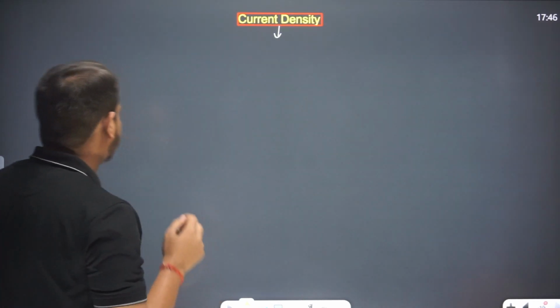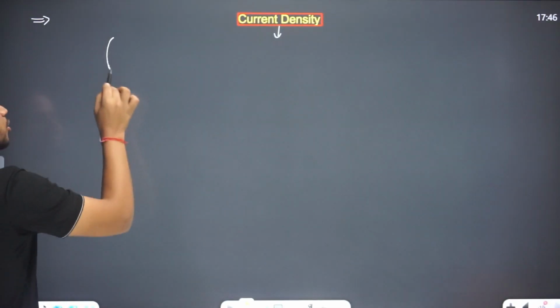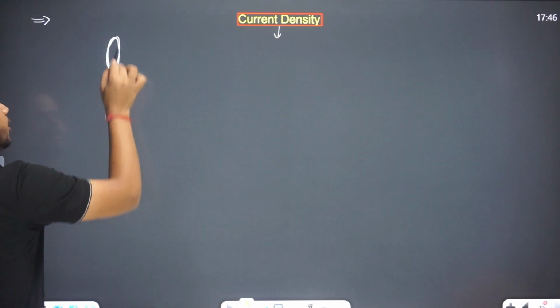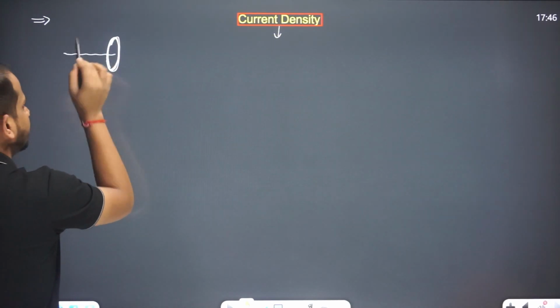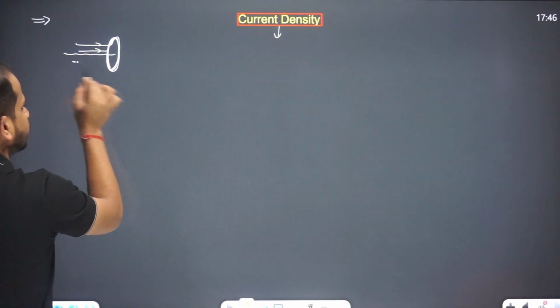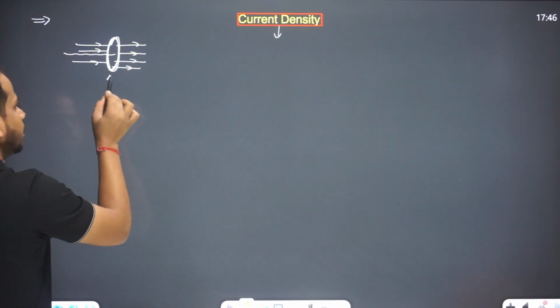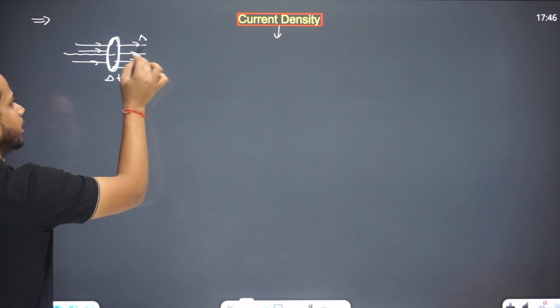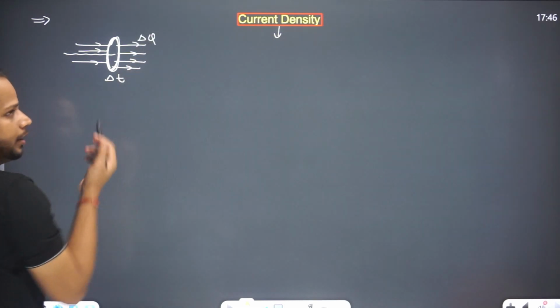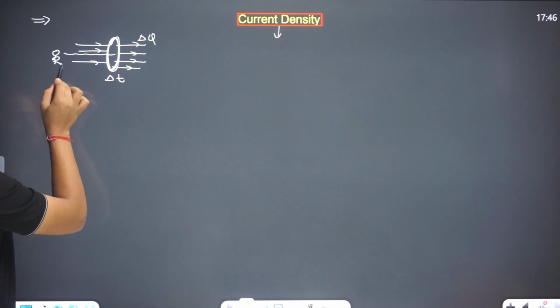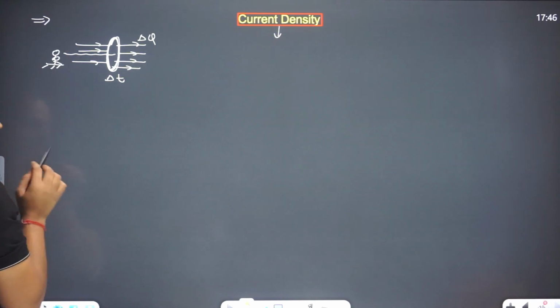Let's see here. If I am saying this is the cross-sectional area we have, and charges are passing over here, so we are saying there is a current, right? Just observe from this side. What will you see?